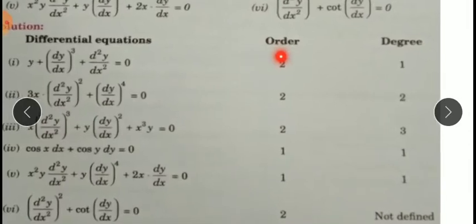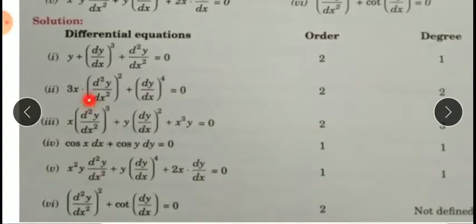You can see here this is y plus (dy by dx) whole power 3 plus d2y by dx2 is equal to 0. See, where is the term containing highest order, that is highest derivative. This is highest derivative d2y by dx2, and it means order is 2. What is its whole power? Its whole power is 1. Degree is 1.